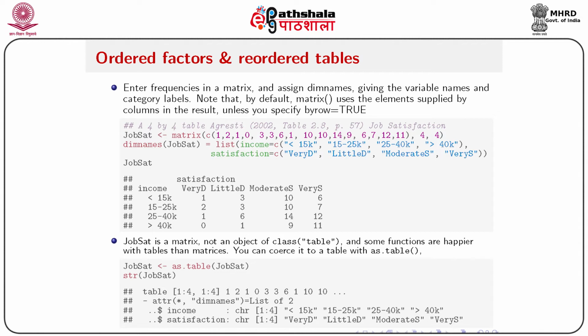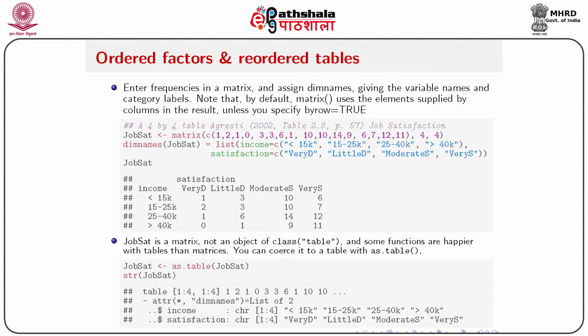Here jobsat is one example, again a 4 by 4 table from Agresti. So here is the matrix. The full matrix was passed as a vector within a matrix function, and then the dimensions have been specified as 4 and 4. The dimnames of jobsat can be assigned as a list.